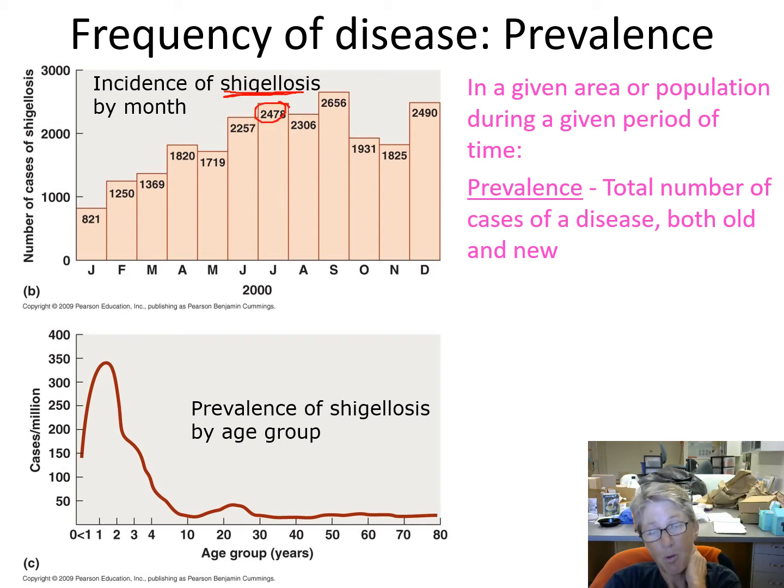And then the prevalence, that's the total number of cases of shigellosis in this case, both old and new cases. And this is by age group. So if you are real young, it looks like you're more susceptible than if you're older. So once you hit 10, the prevalence of shigellosis goes down.